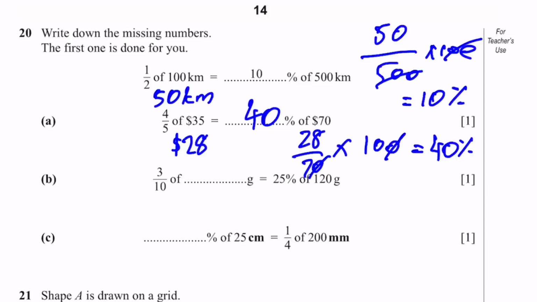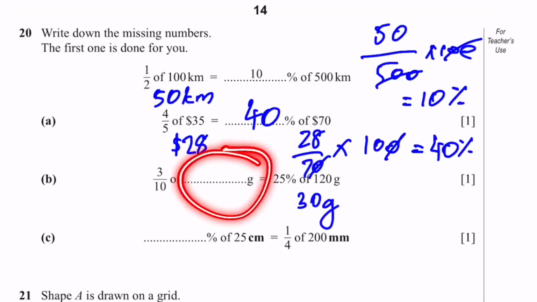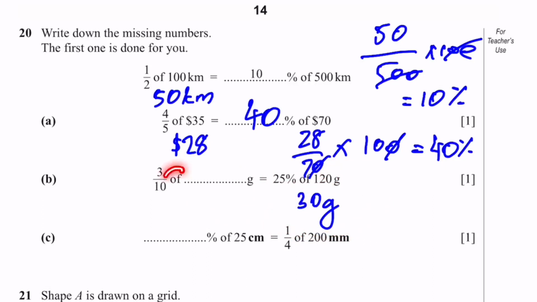B. 3 by 10 of dash grams is equal to 25% of 120 grams. 25% of 120 grams is equal to 1 by 4 of 120, which is 30 grams. And 3 by 10 multiplied by something, which is some amount of grams, is equal to 30 grams. Why multiplied by? Because "of" also means into.